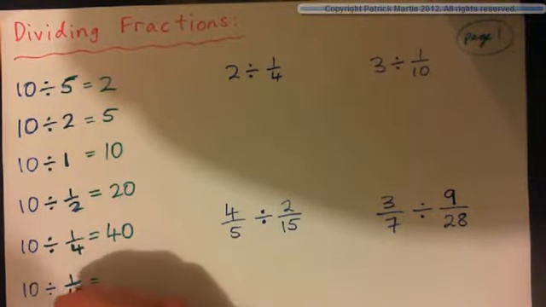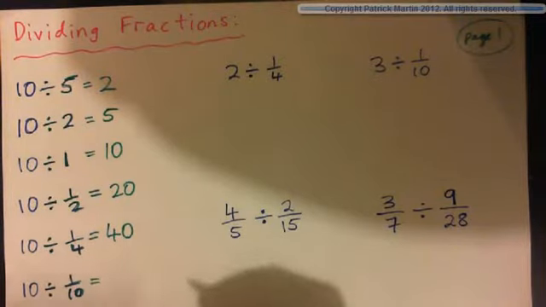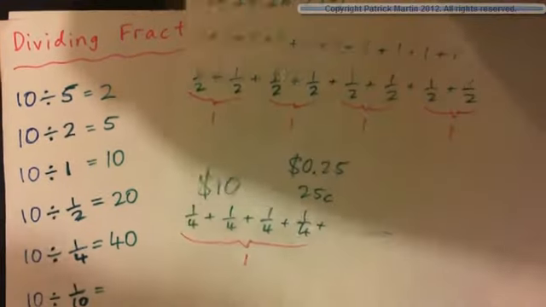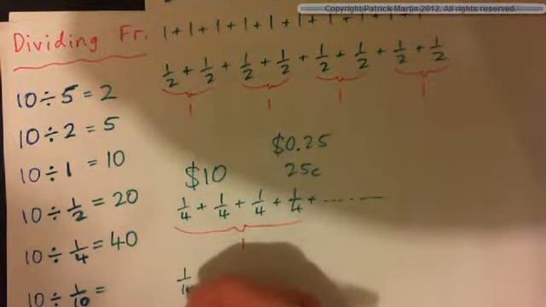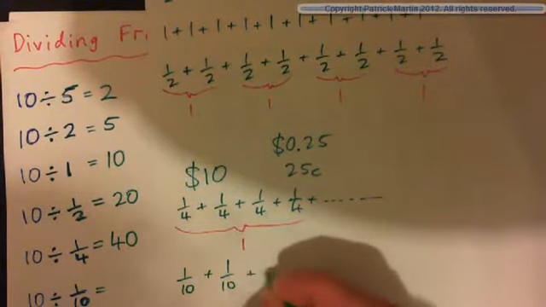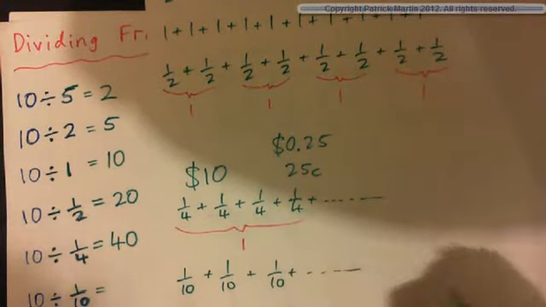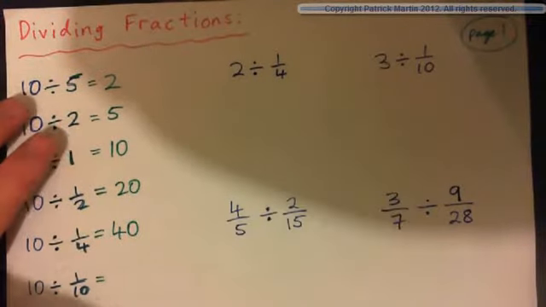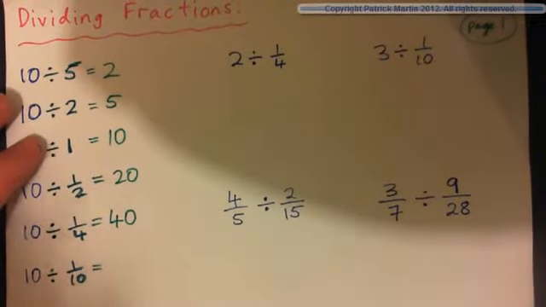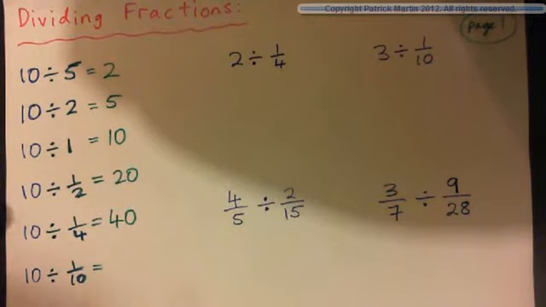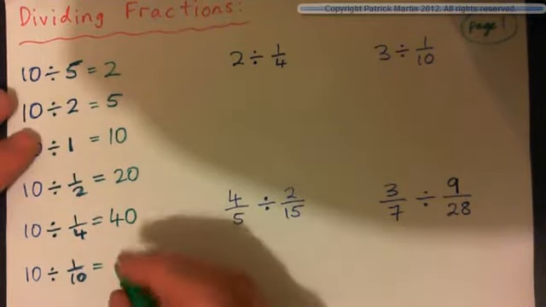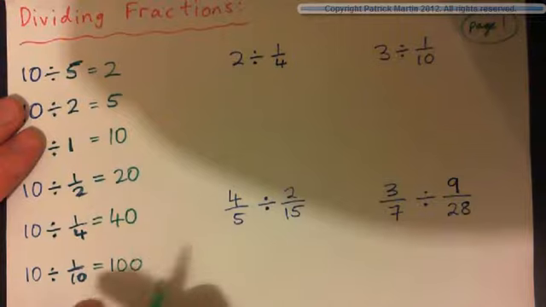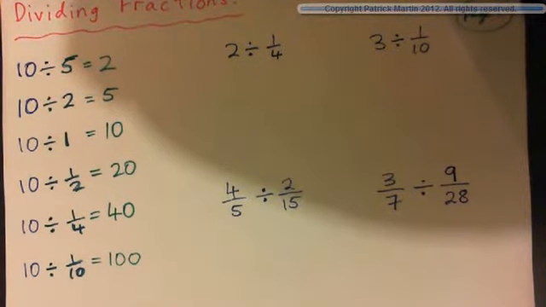How many tenths do I need to add up to get to $10? So you're thinking adding tenths: 1/10 plus 1/10 plus 1/10 plus... How many dimes add up to give $1? 10 dimes in $1, 20 dimes in $2, 30 dimes in $3. So eventually there would be 100 dimes in $10, right?